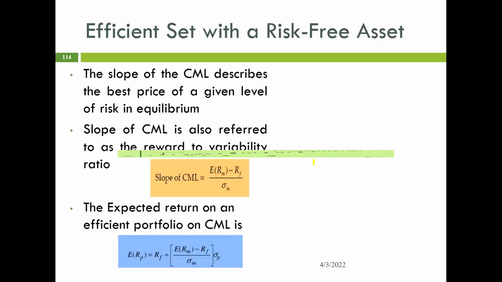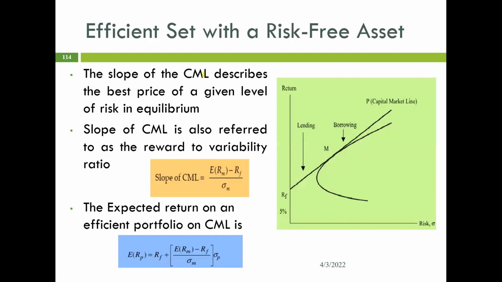Now, the slope of the capital market line describes the best price of a given level of risk in equilibrium. So you can calculate the slope. I think you know how to calculate slope: change in y divided by change in x. Likewise, you can simply calculate this line's slope. The slope of the capital market line gives you the best price of a given level of risk in equilibrium.